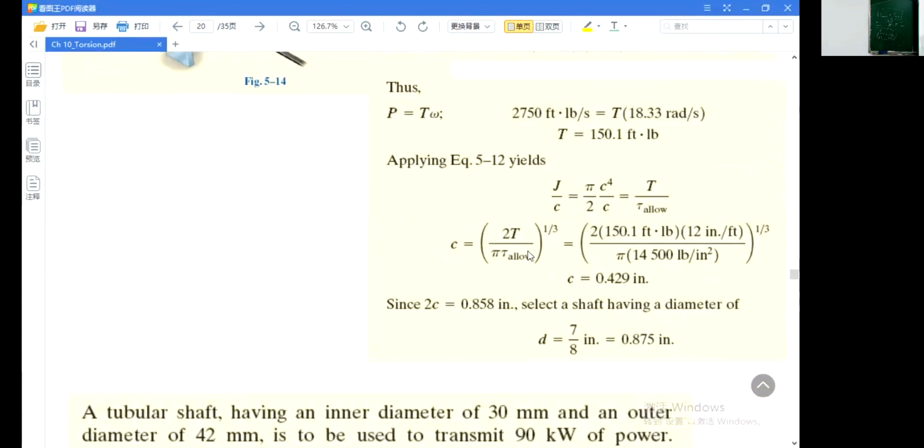J is half pi c to the fourth power. Over c is T over the allowable stress. So from this equation, we can find c.